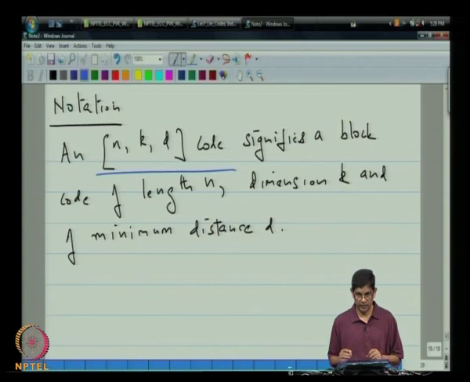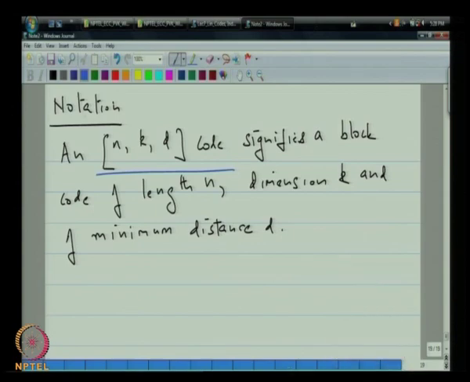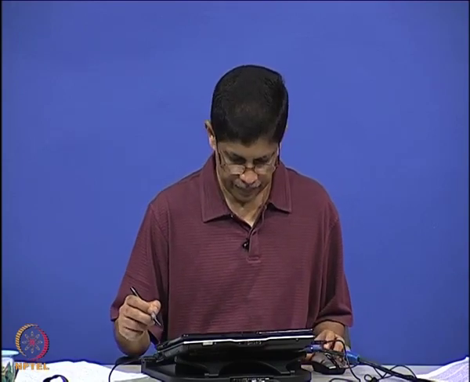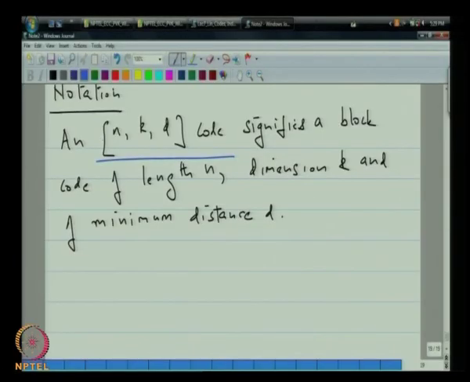Now, it is important that when you write this down, we use rectangular braces. If you used curved braces, then that is usually reserved for the case when the code is not necessarily linear. So, that is 1.